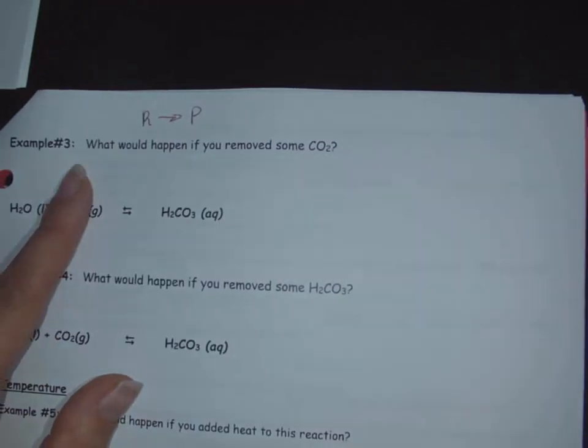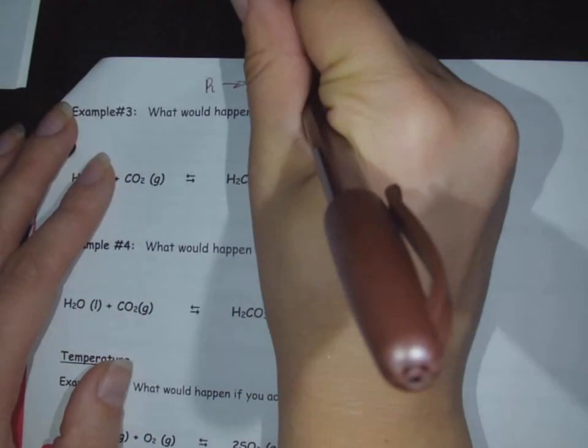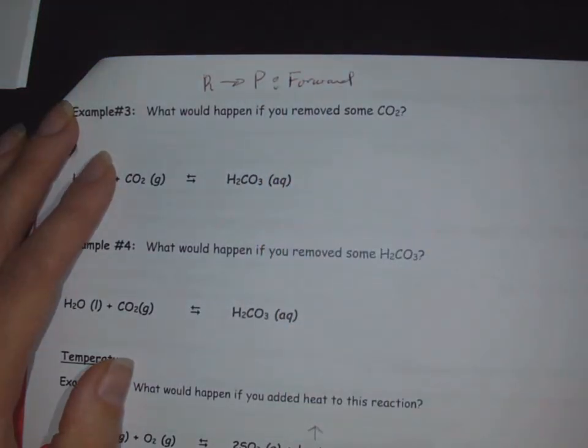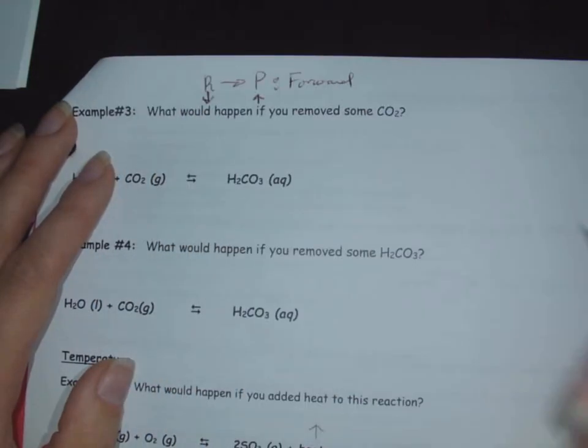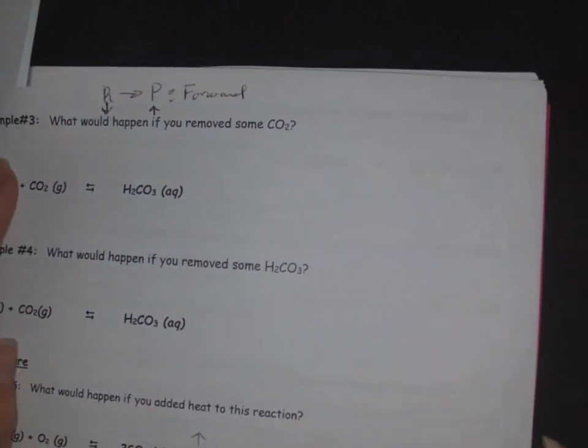If reactants turn into products, okay? So if reactants turn into products, this is a forward reaction. And as a result of that forward reaction where reactants turn into products, reactants decrease and products increase. Reverse reaction is the opposite of that.